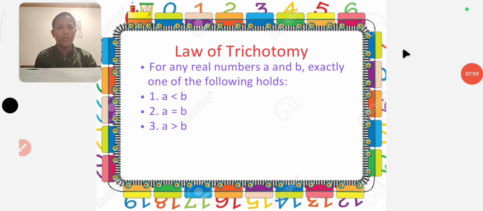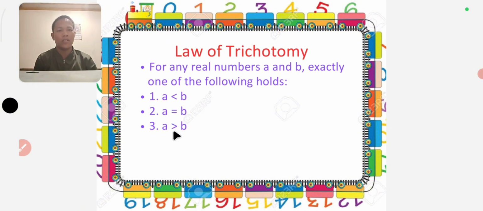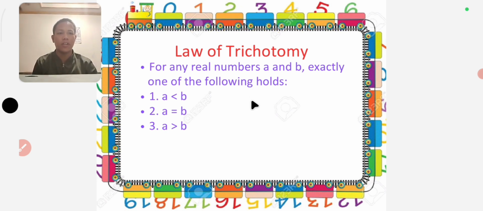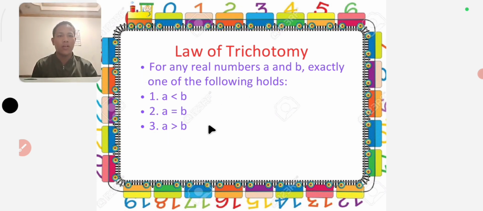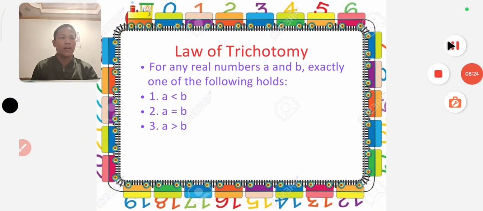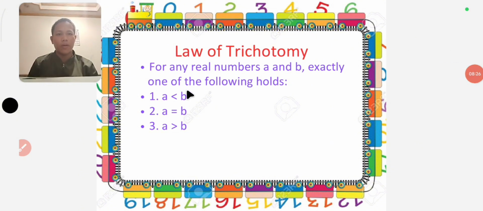That is very easy to understand. Let's move on to the law of dichotomy. For any real numbers A and B, exactly one of the following holds: A is less than B, A is equal to B, or A is more than B. For any two numbers, it holds one of these properties.